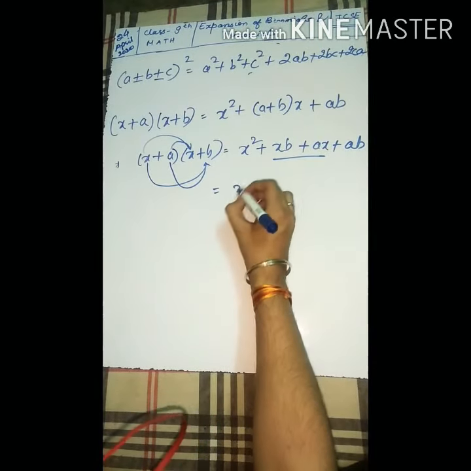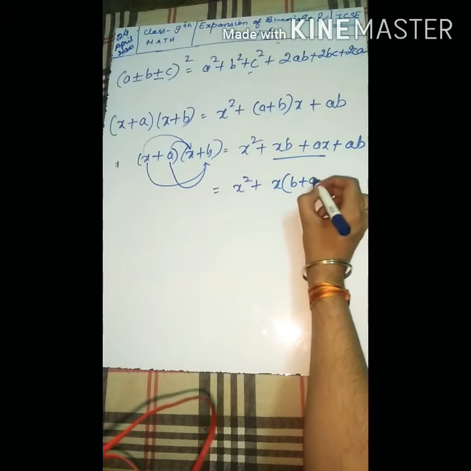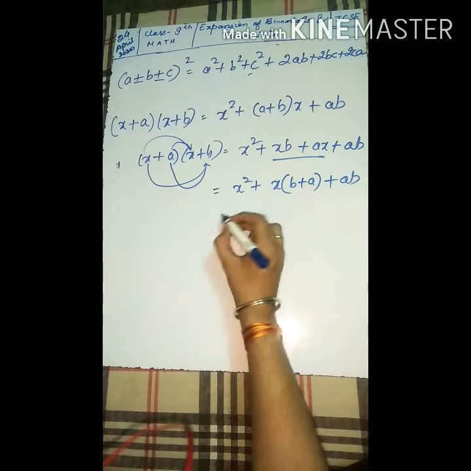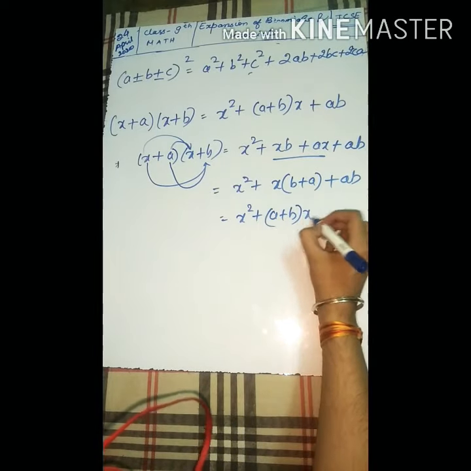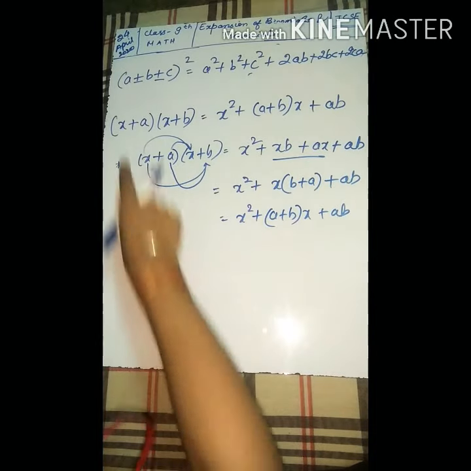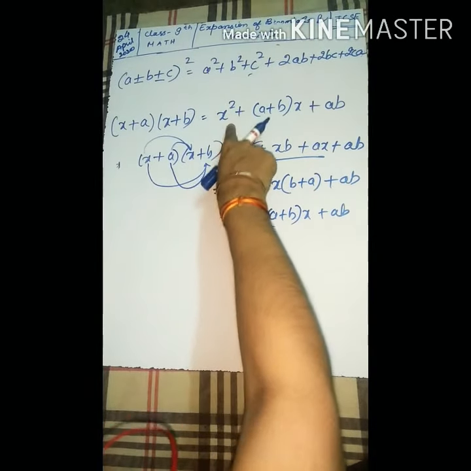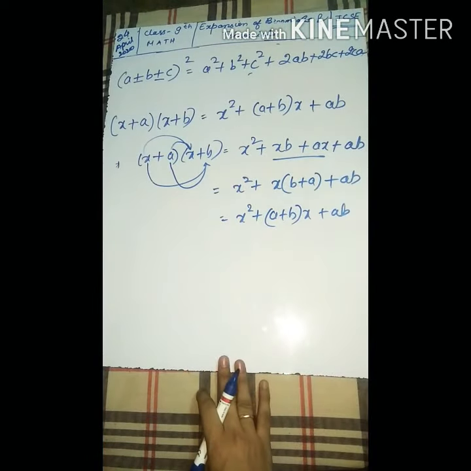Now from this you can take x common. On taking x common, inside you get b plus a, plus ab, or on arranging you will get it like this. So this is the matter. So x plus a, x plus b is equal to x square plus (a plus b) times x plus ab.